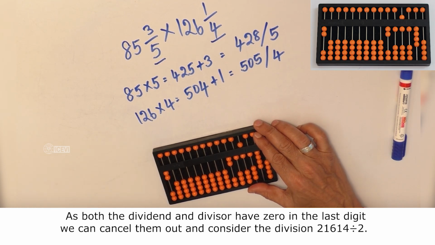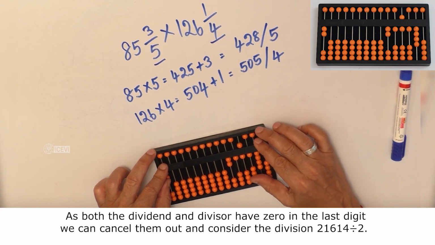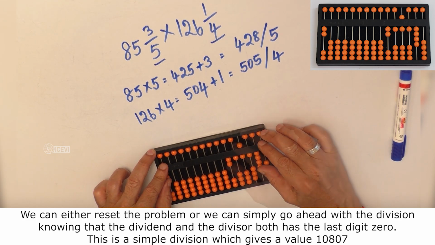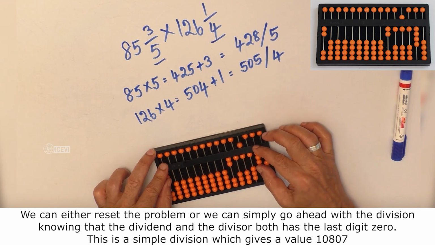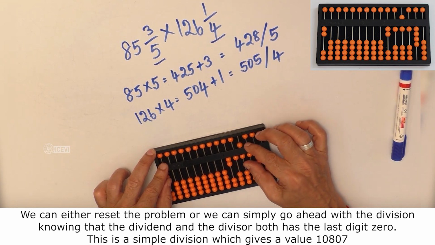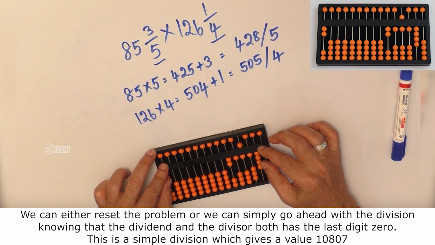As both the dividend and divisor have 0 in the last digit, we can cancel them out and consider the division as 21614 divided by 2. We can either reset the problem, or we can just simply go ahead with the division, knowing that the dividend and the divisor both have the last digits as 0.